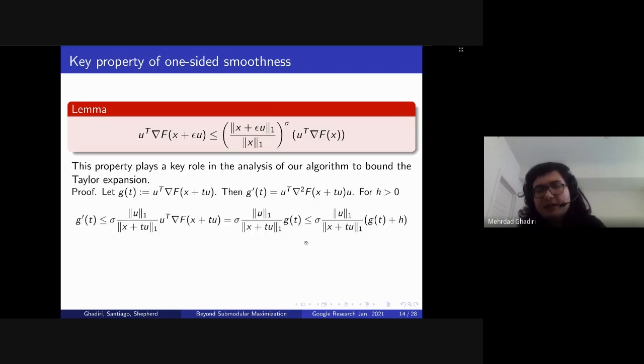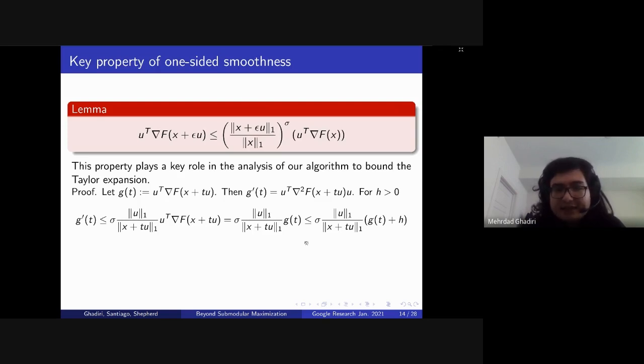And then for any number h greater than 0, we will have this chain of inequalities. As we said, g prime of t is the second order directional derivative, which, using the one-sided smoothness property, is bounded by the first order directional derivative. That is the first inequality.